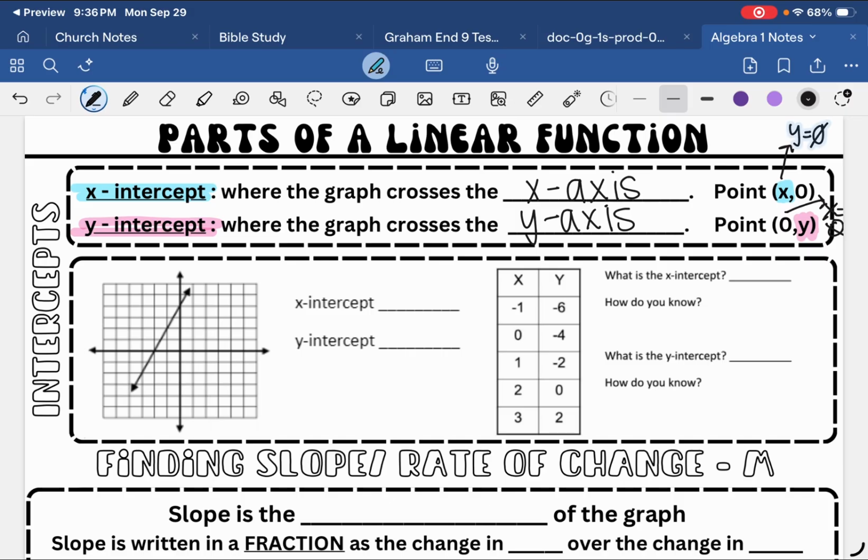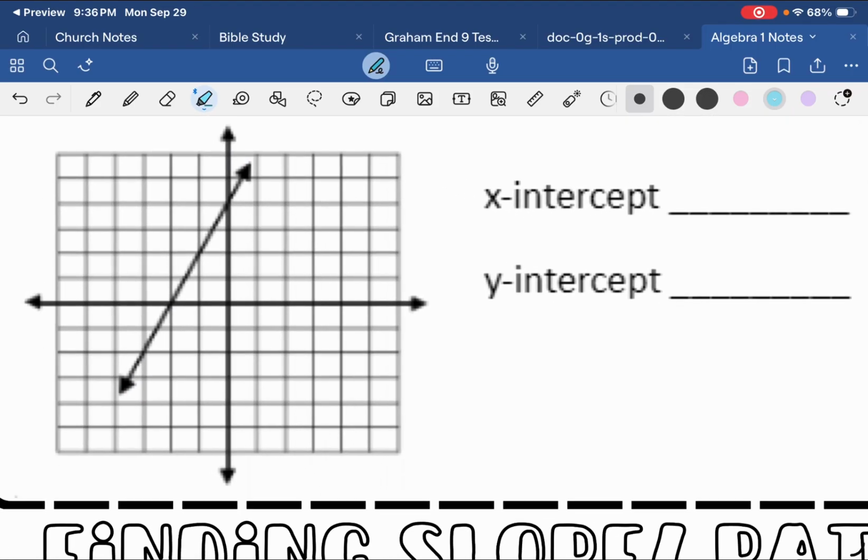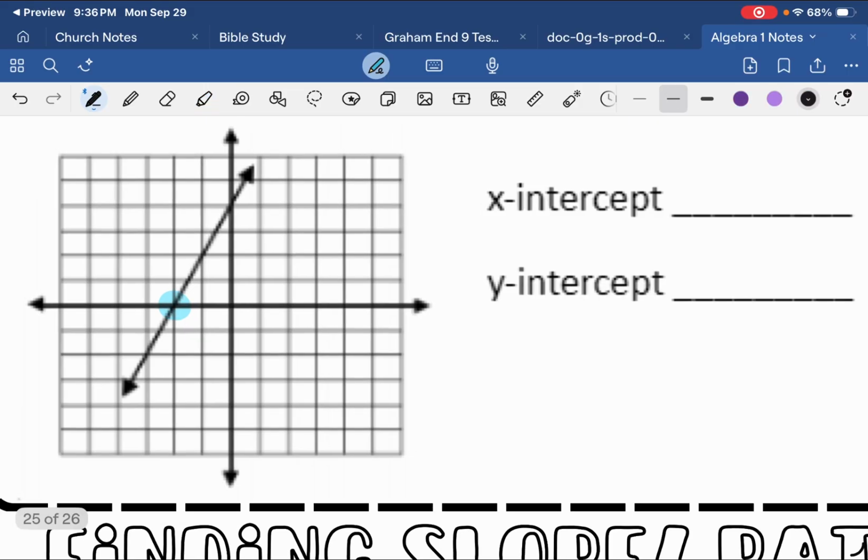So, all right, with that being said, I have a line here and it's asking for the x-intercept and the y-intercept. Remember, the x-intercept is where it crosses the x-axis. So this line crosses the x-axis at -2, but we write that ordered pair as (-2, 0), because remember, the y value is always 0 here.